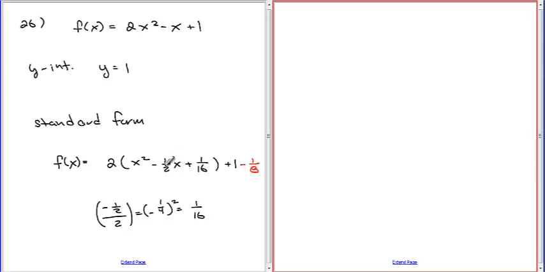So this, completing the square, you have your 2, and you have x, and then we're going to take the expression inside this parenthesis, before it's squared, is negative 1/4, that whole thing squared, plus the constant, which is 1 minus 1/8, which is 7/8.